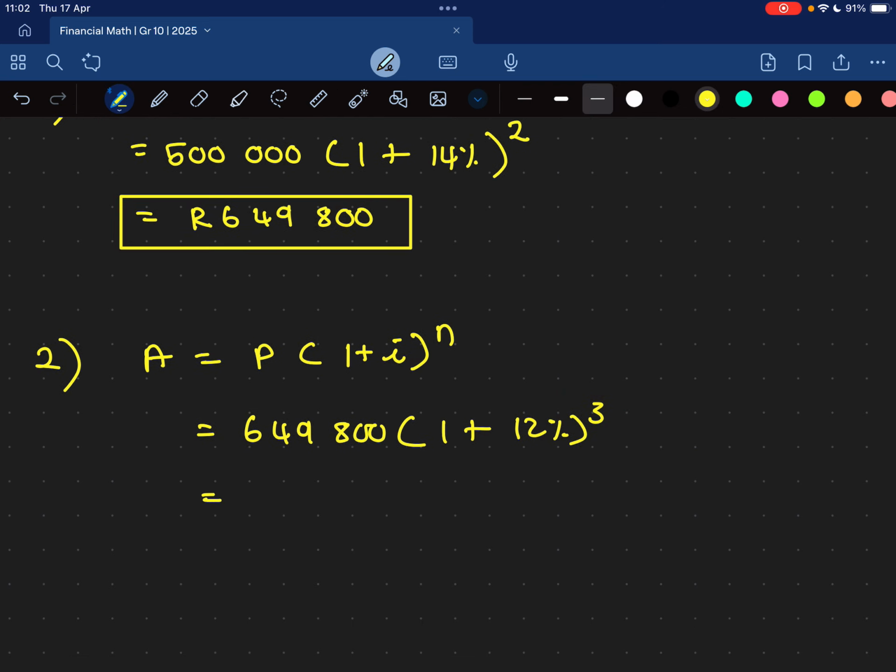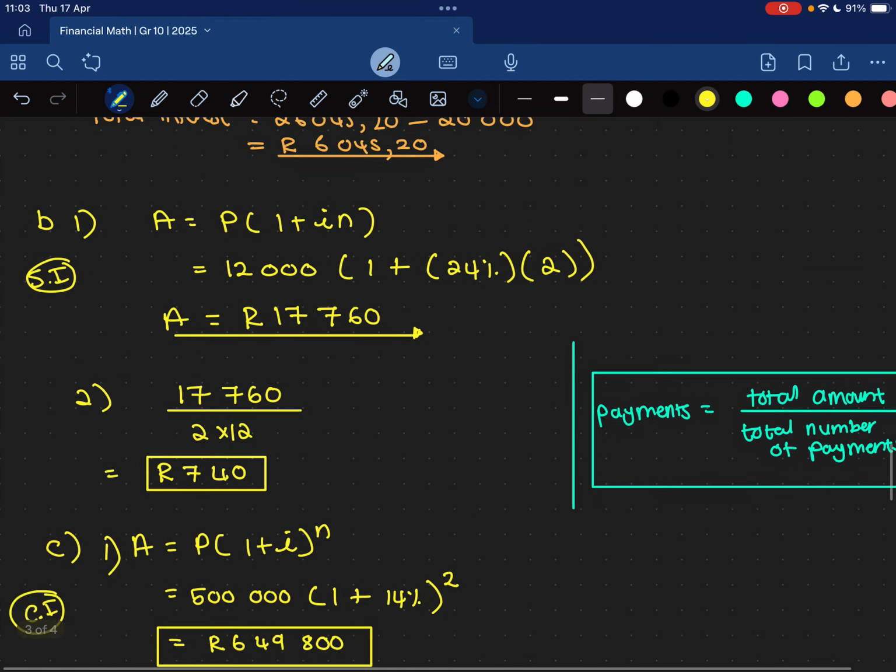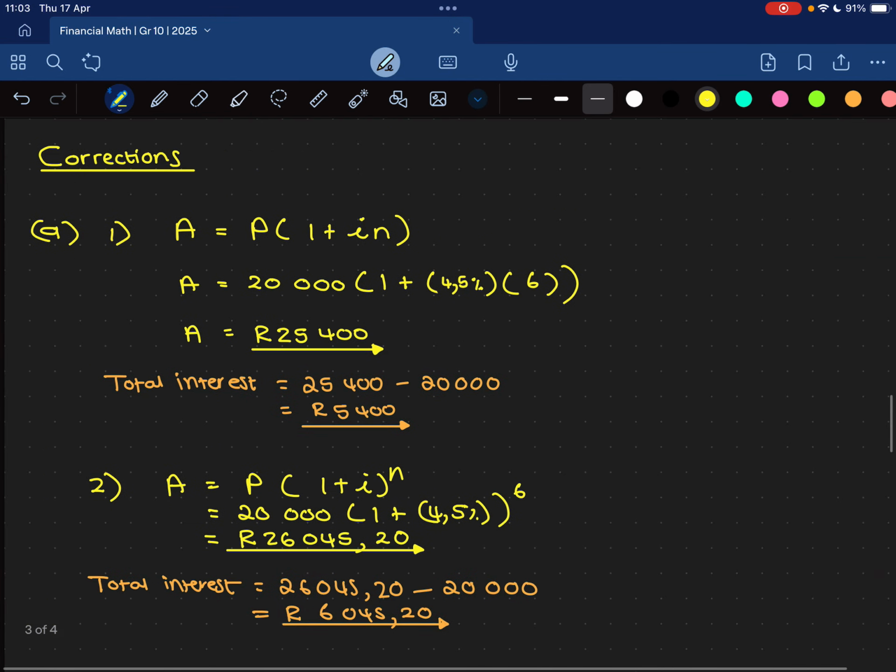You're going to put that in your calculator, and you're going to get the answer to be 912,922.21 cents. Okay, and that's it. Please go over the questions again if you need further elaboration.